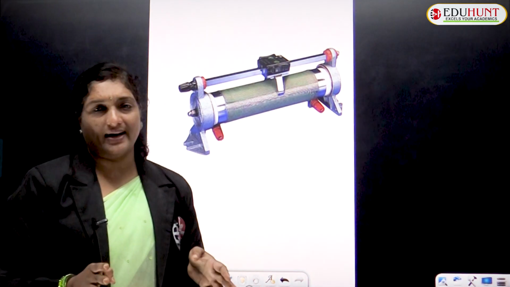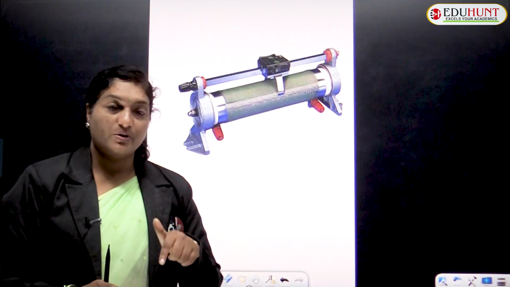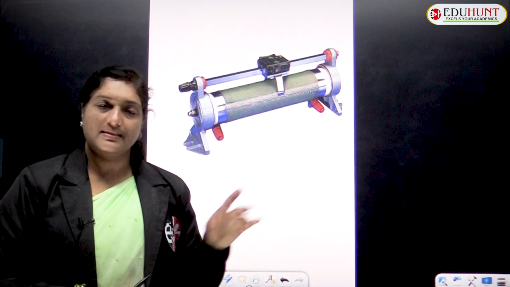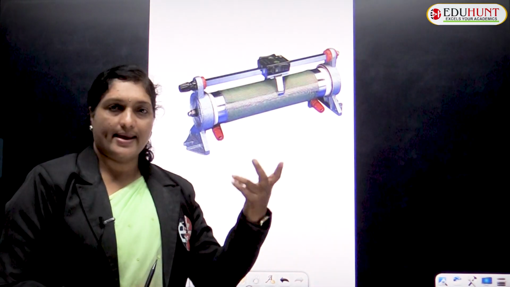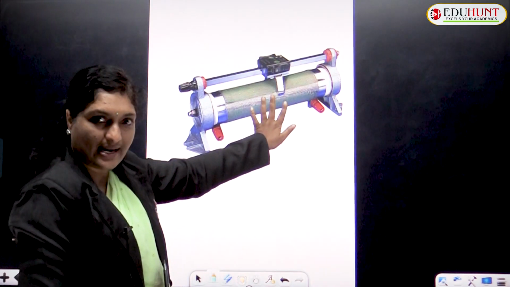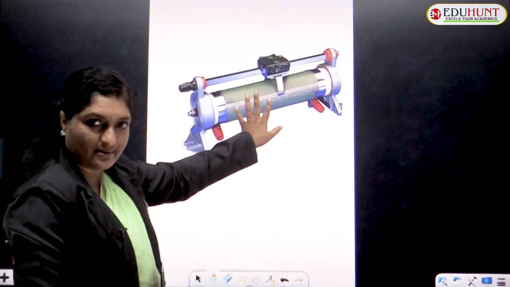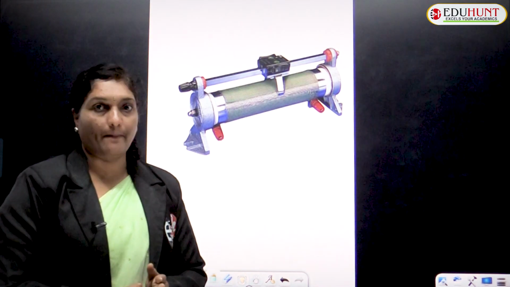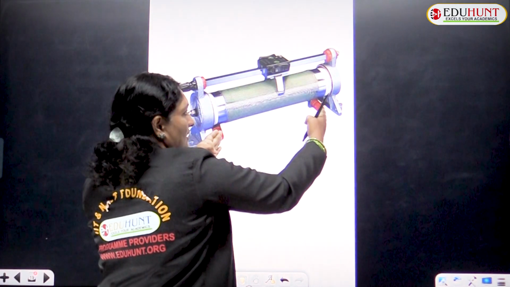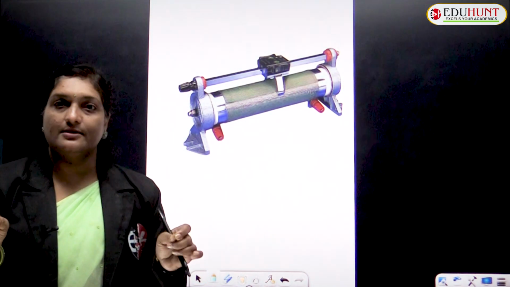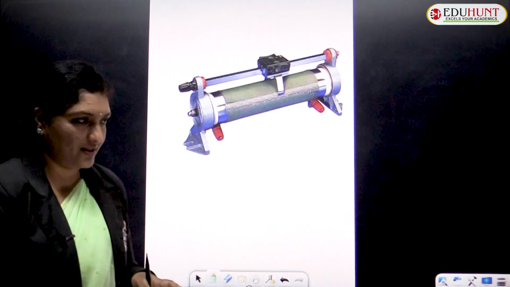To maintain a potential divider, we have another instrument called a potentiometer. That you will be learning in the higher classes. So, this is the picture of a rheostat used in electric circuits to maintain some electric resistance. But as it consists of 3 terminals, these 2 terminals help us to maintain some potential difference.